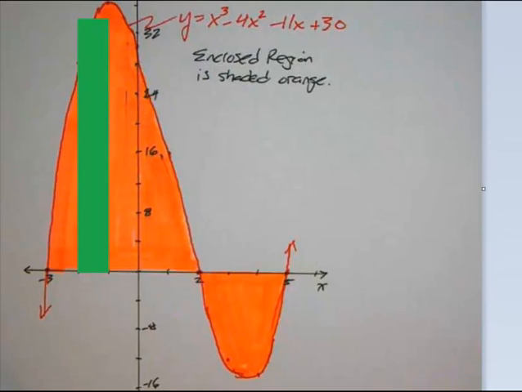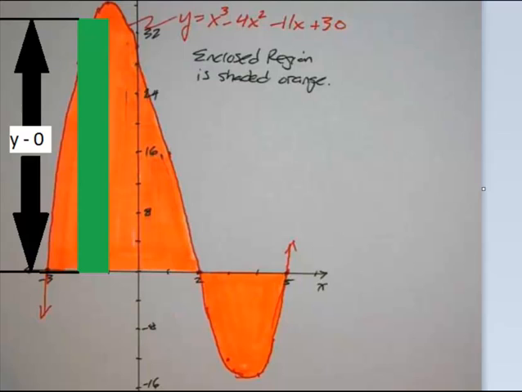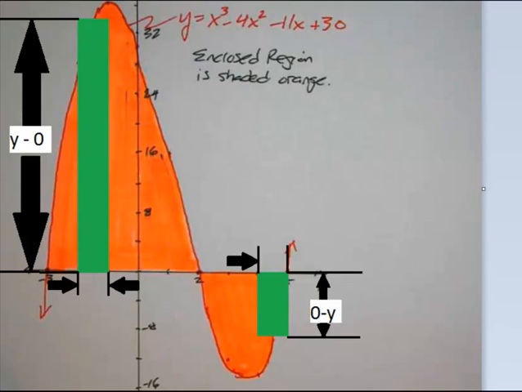The first one, which will sum the thin vertical rectangles on the left, we'll have thin vertical rectangles whose height is y minus 0, and the thin vertical rectangles on the right will have a height of 0 minus y. In both cases, their width will be a little piece of x-axis, dx.